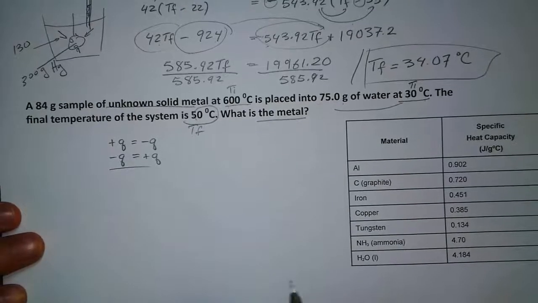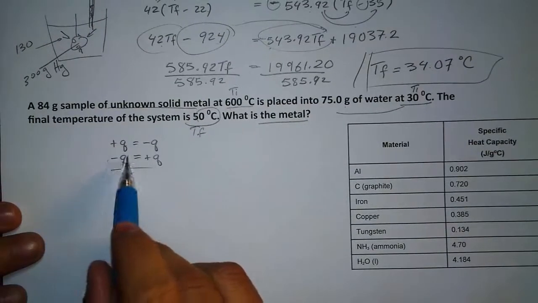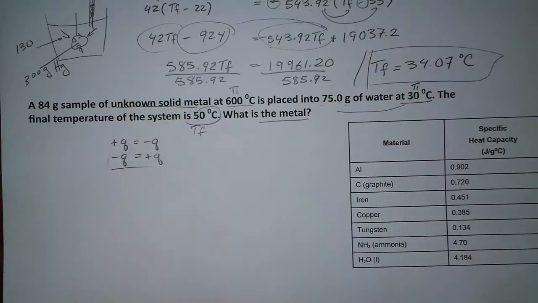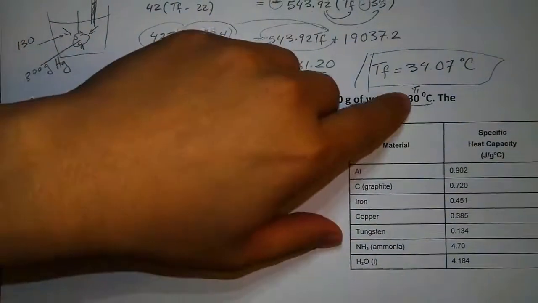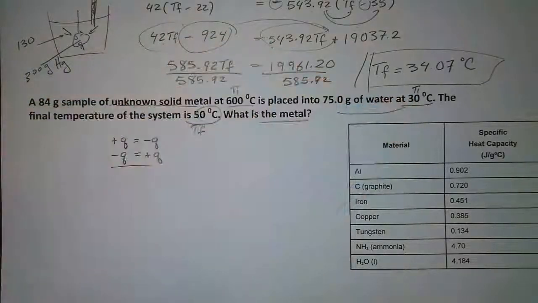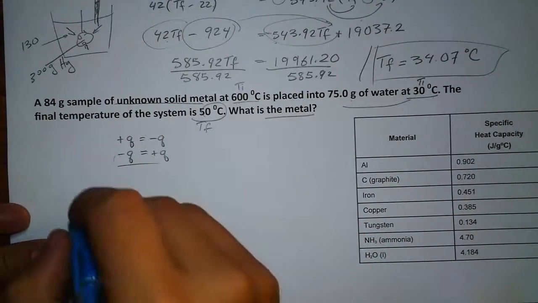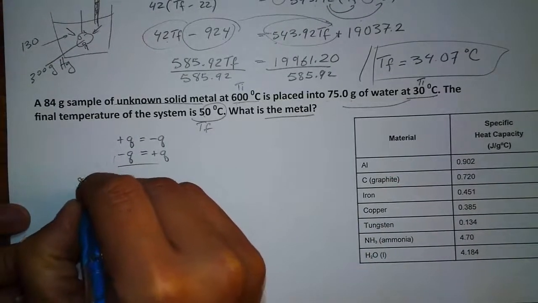How about that? In this case, which one is our negative Q? We have to realize that the metal is at 600 degrees Celsius and put in 30 degrees Celsius water. Of course, that metal is going to lose the energy, okay? So we know the metal is going to be the negative Q. So we have 84, that's your mass.